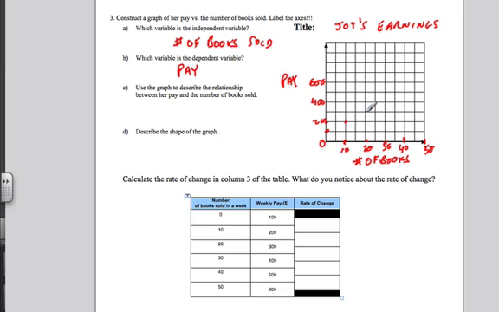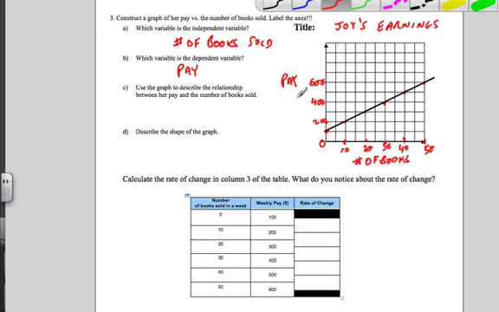If she sells 20 books, she earns $300. 30 books, $400. 40 books, $500. And 50 books, $600. And we'll draw a line through those points. And there's her earnings.